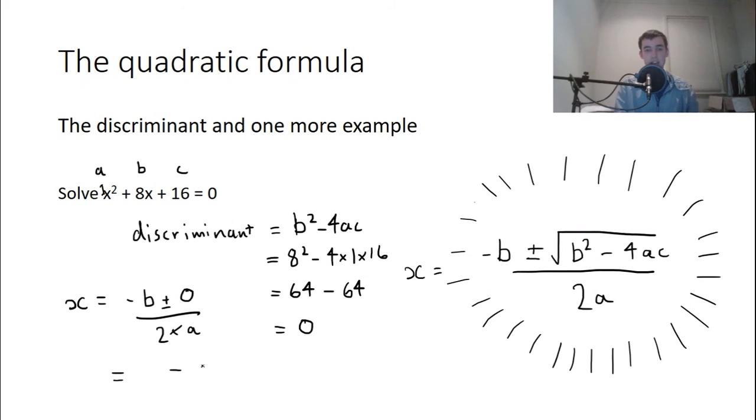Minus, what's b? B is 8. We're just going to ignore the 0. If you add or subtract 0, it's the same thing. Minus 8 divided by 2, which is minus 4. That's it, we've only got one solution.